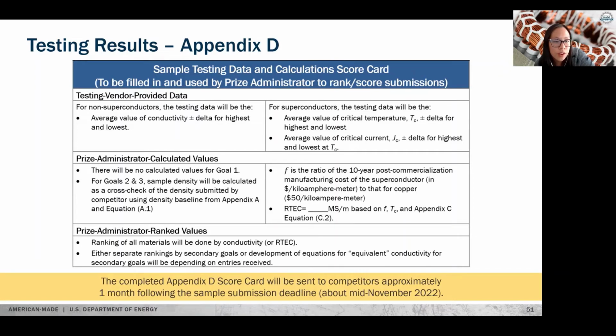We anticipate that this Appendix D scorecard will be sent out to competitors about a month after the sample submission deadline. So roughly mid-November of this year is when we anticipate that competitors will get these testing results.